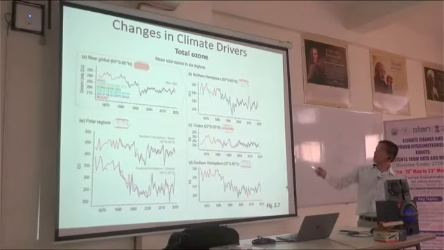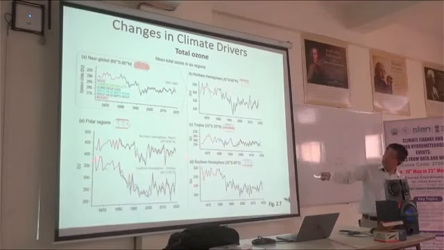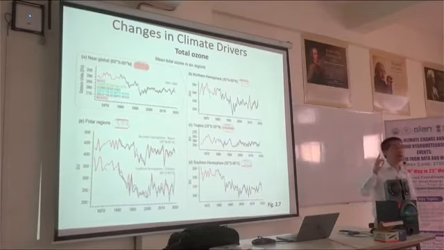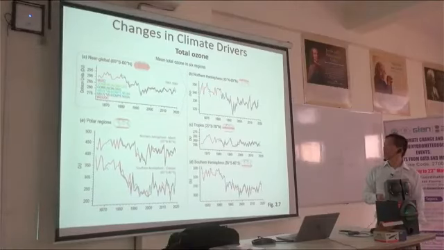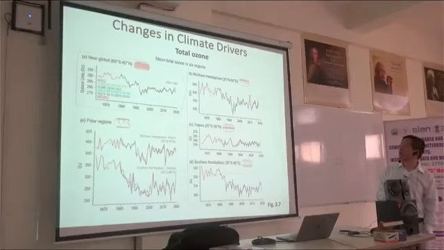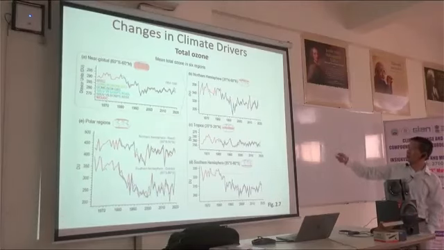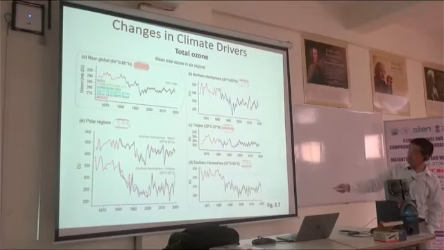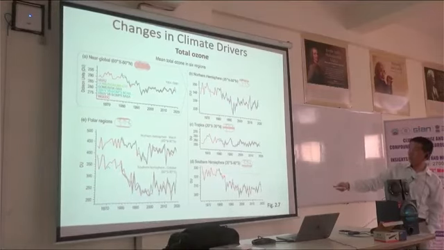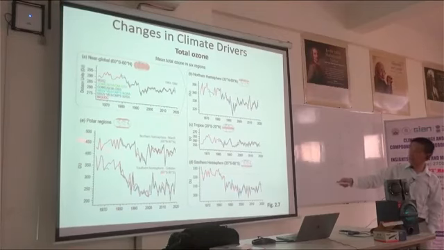You can see their scale is slightly different, but it's around 300 Dobson units. That is the natural concentration for ozone. And you can see for the northern atmosphere and the tropics, the ozone layer didn't change too much. Really, what happens the most is in the southern atmosphere and the polar region.